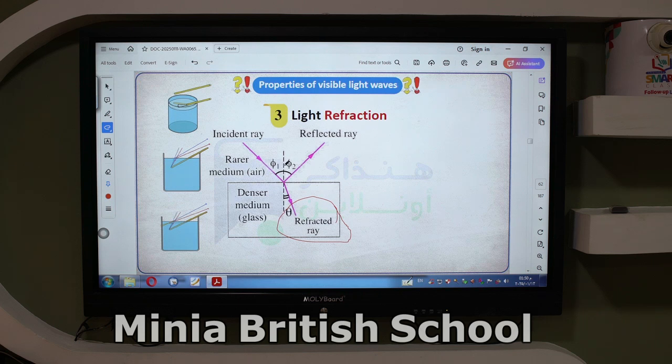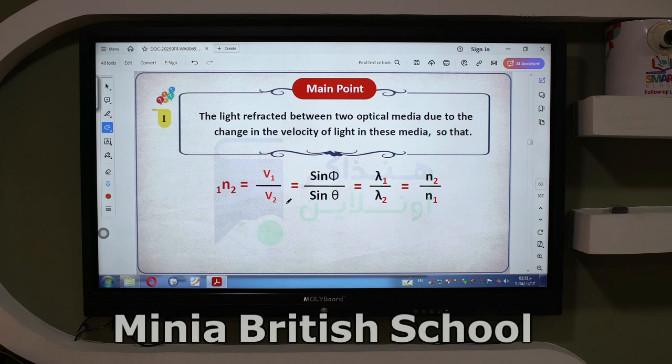The angle between the normal line and the incident ray is called the incidence angle, phi 1, but the angle between the normal line and the refracted light ray is called the refraction angle, theta.